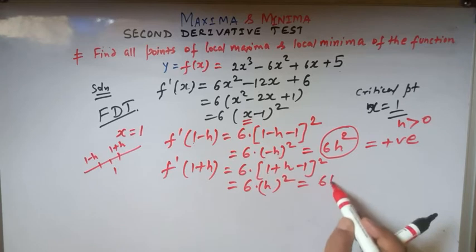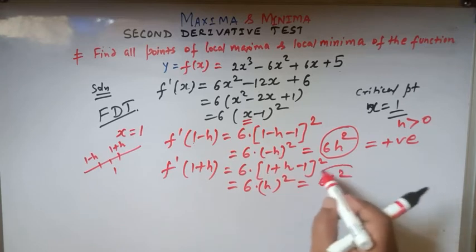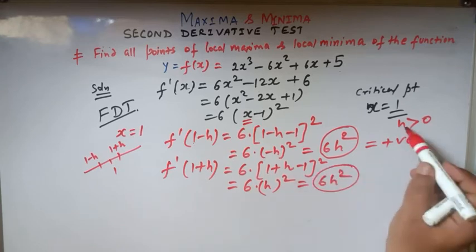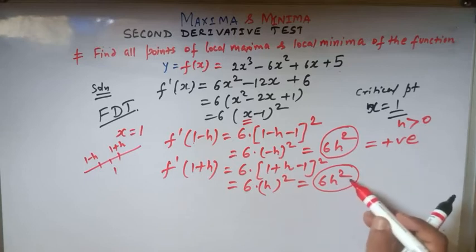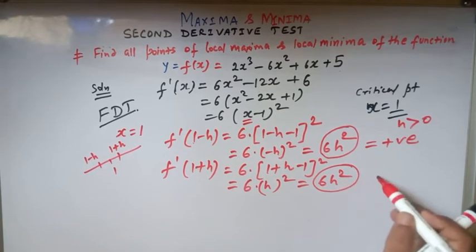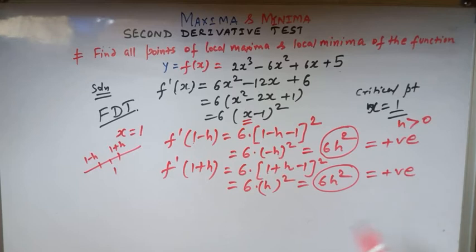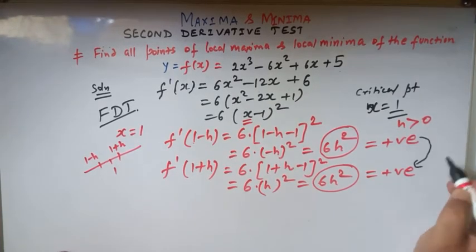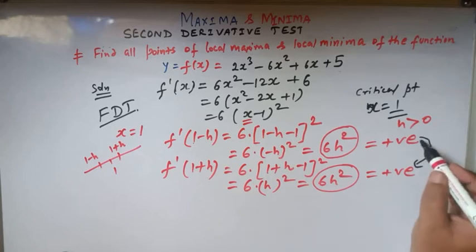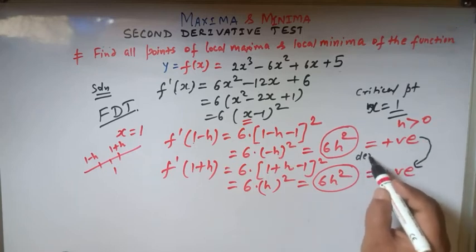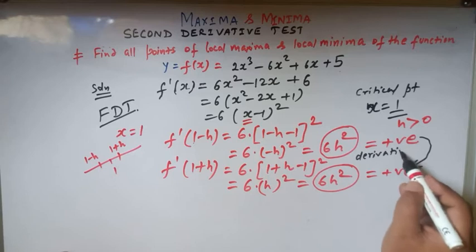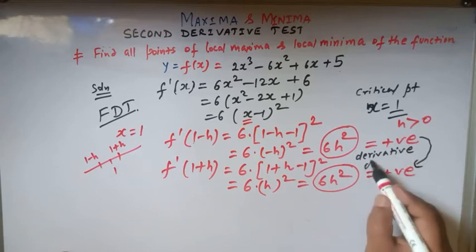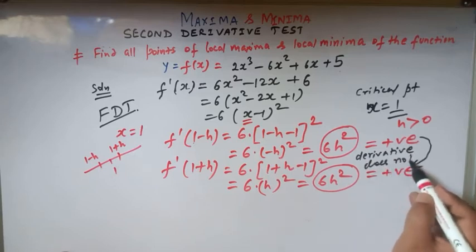So again we have 6h². This is again positive because h is greater than 0 and the square of any quantity is positive. So here is what we conclude from this discussion. We conclude that the derivative does not change sign.